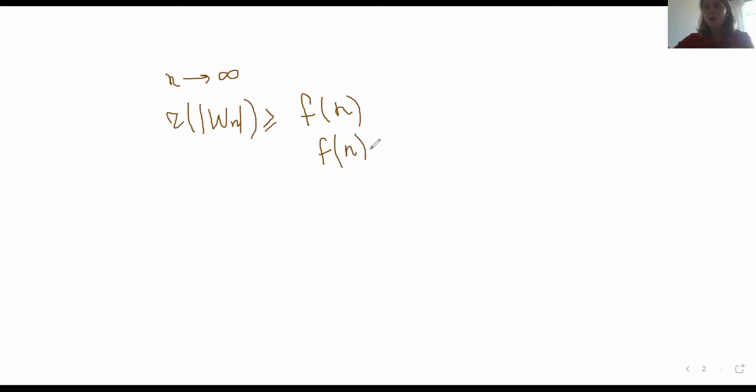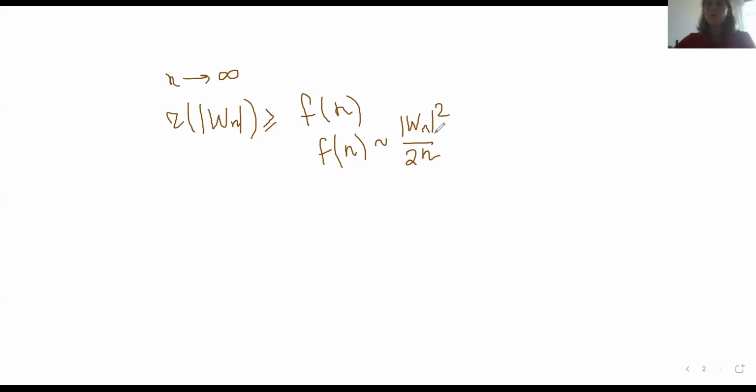Turan's theorem implies the estimation that in this graph with n up to infinity, the number of edges in a subgraph with Wn vertices is at least some function f, and this function f is asymptotically Wn squared divided by 2n.